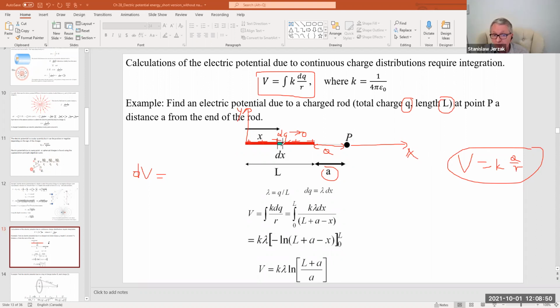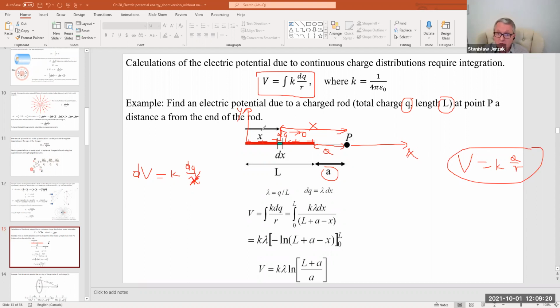Then the potential produced by that point charge at point P, a tiny contribution to the total potential, dV, would be equal to K dq divided by the distance. This is the distance, which I called R. I could call it X, maybe that would be more convenient. Let's call it X. So dV equals K dq divided by X.